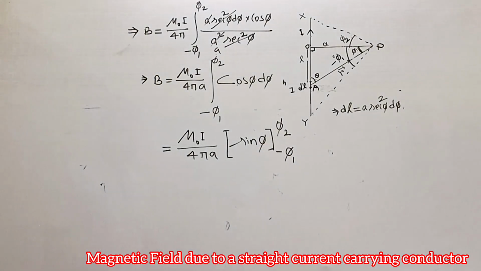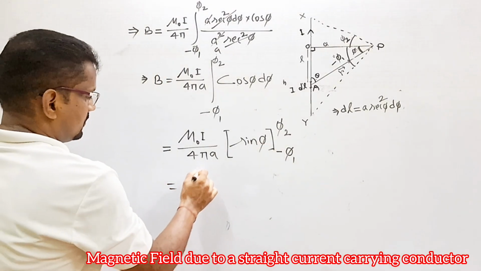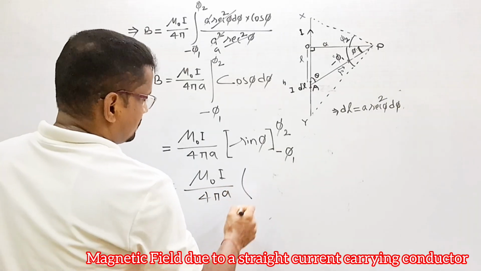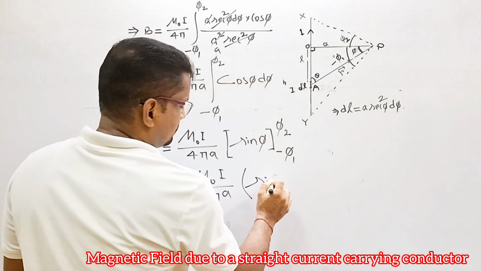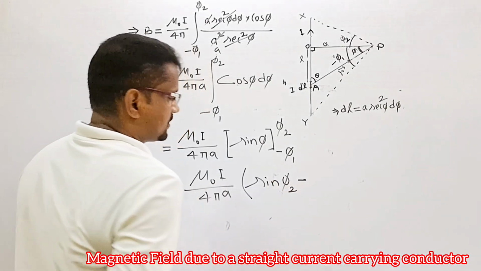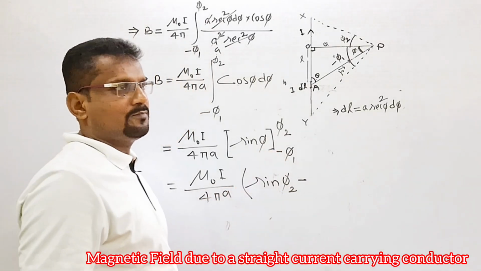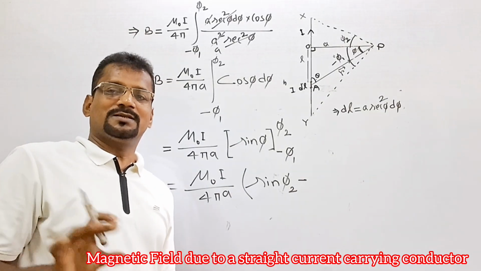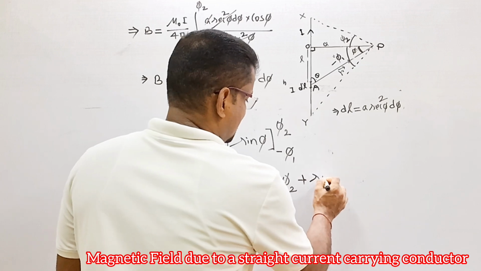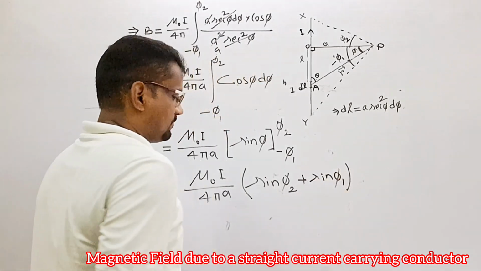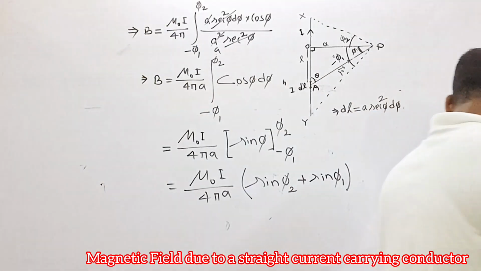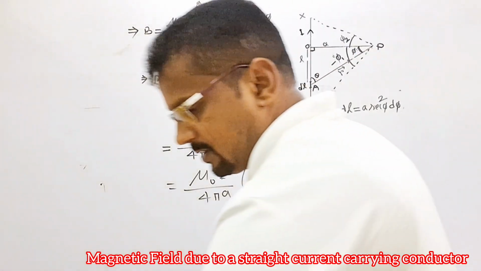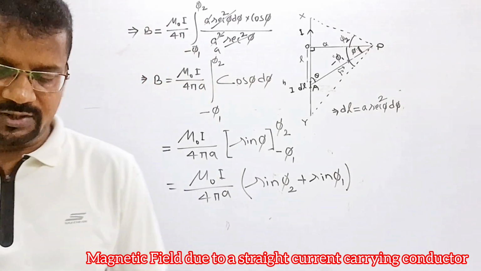Putting the limits, mu naught I by 4 pi a into sin of phi 2 minus sin of minus phi 1, and sin of minus phi 1 will be minus sin phi 1, so that will be plus sin phi 1. So we have derived the expression for magnetic field due to current in a straight conductor.